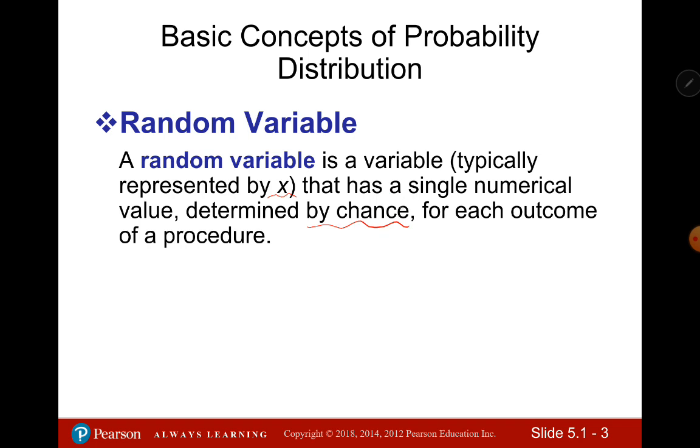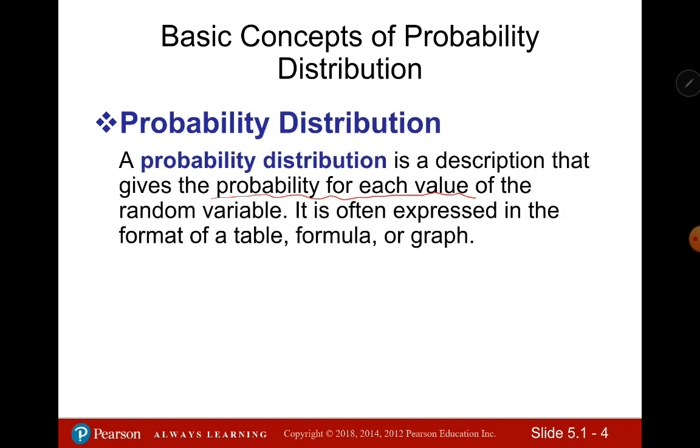So each value would have a corresponding probability. And we list the value and the probability. This kind of thing, we call it a probability distribution. And we can use a table, a formula, or a graph to represent the distribution.